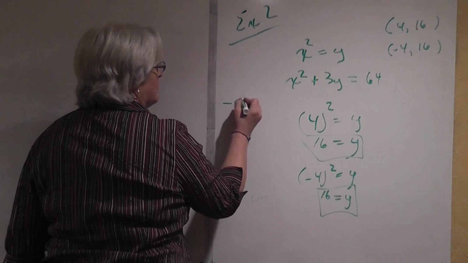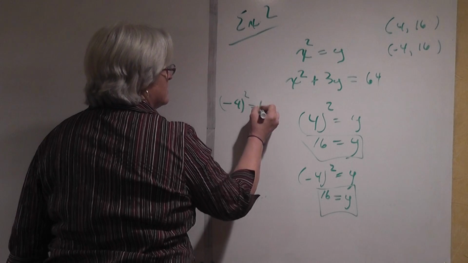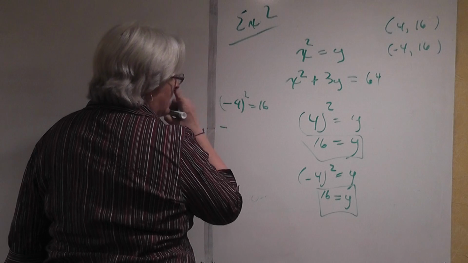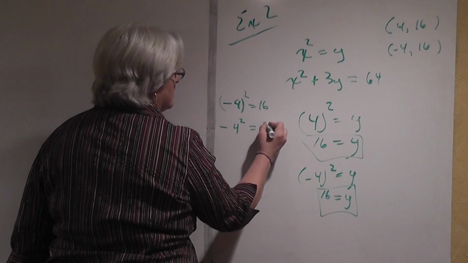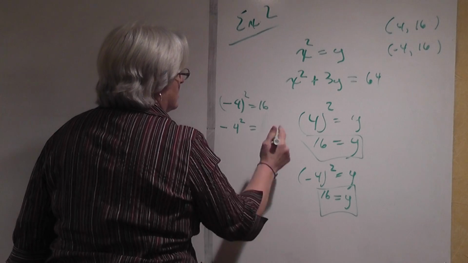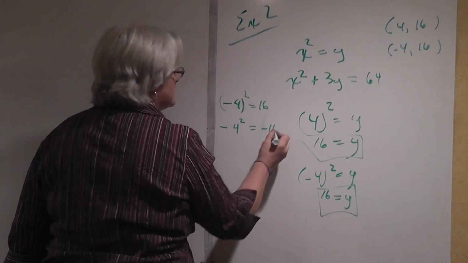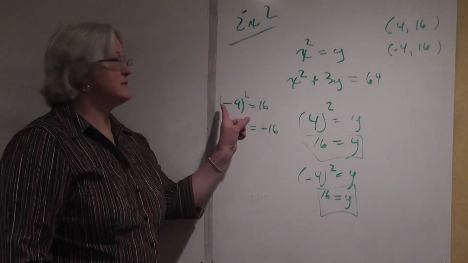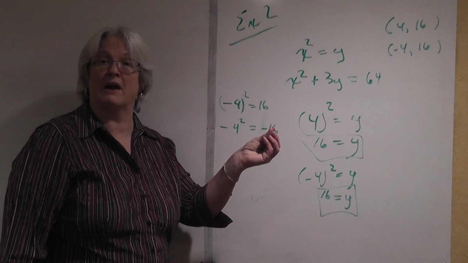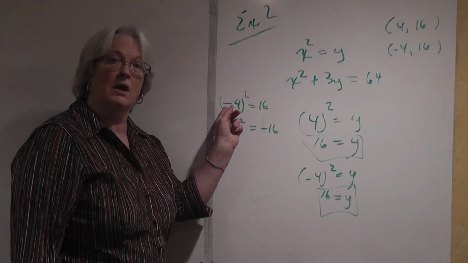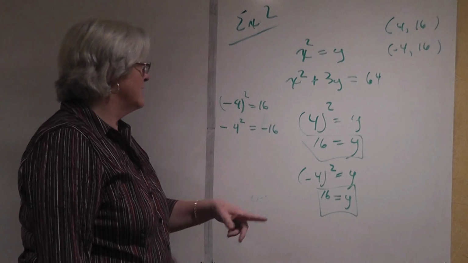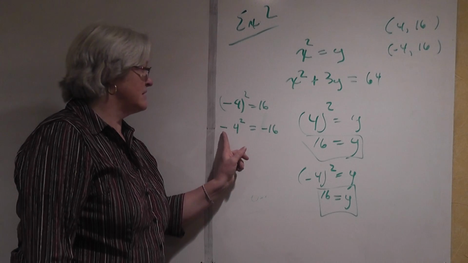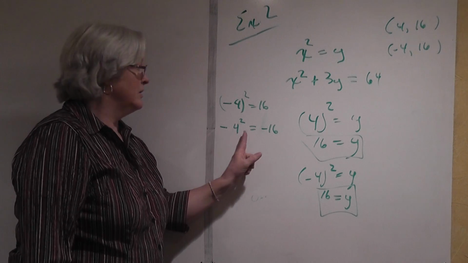The opposite of 4 squared is negative 16. The negative 4 squared says use negative 4 as a factor twice. Negative 4 times negative 4 is a positive 16. This, however, says take the opposite of 4 squared.